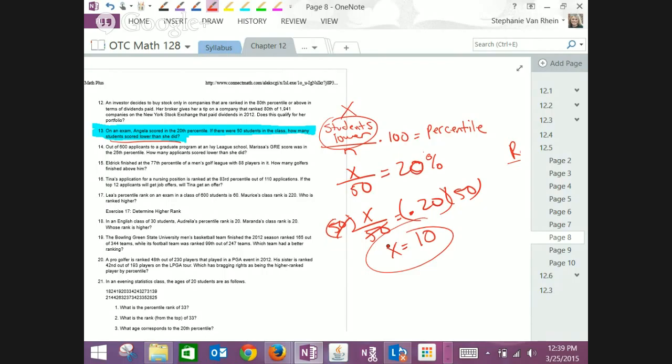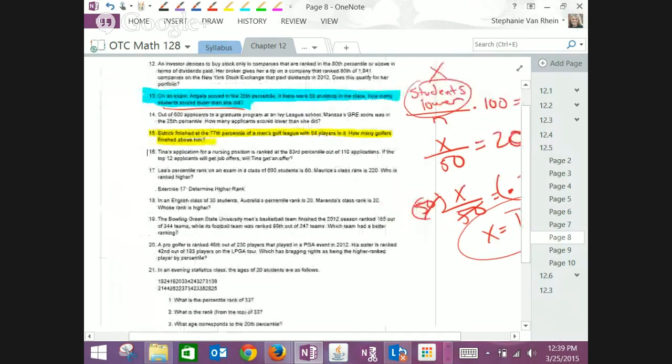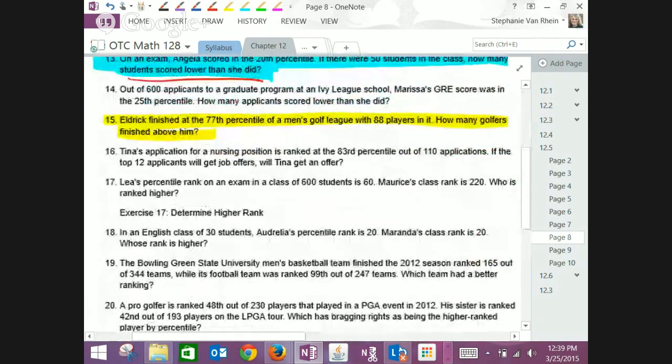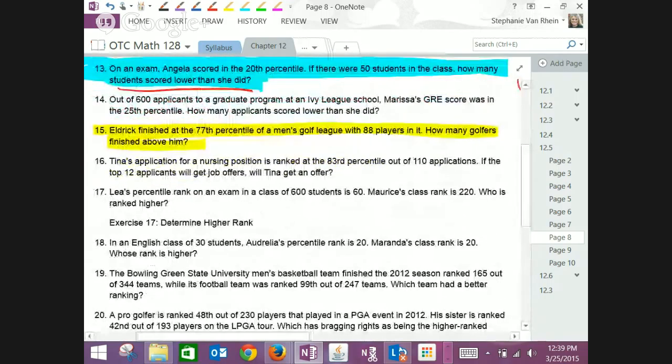Right. Number 15, around the same setup. Eldrick finished in the 77th percentile with 88 players. How many golfers finished above him? So here we find X, and we take 88 minus X, which is where we needed another rank.